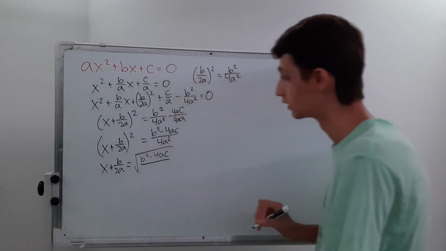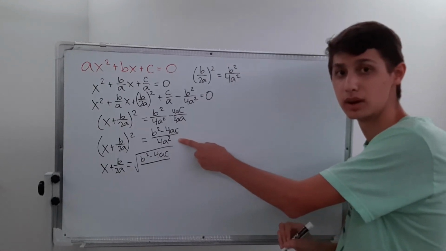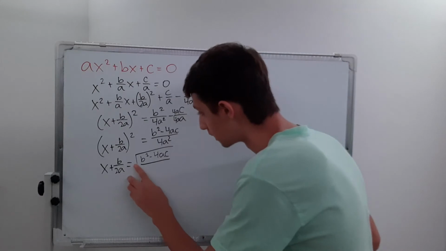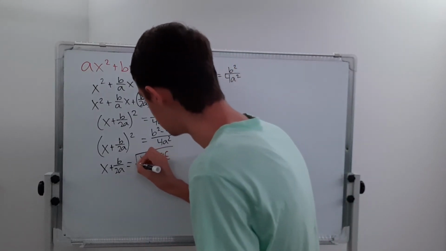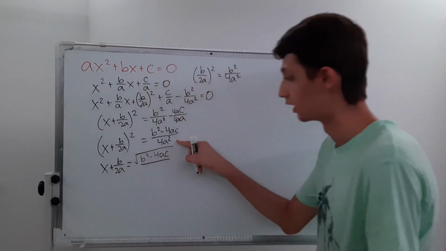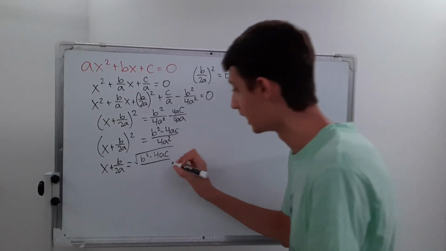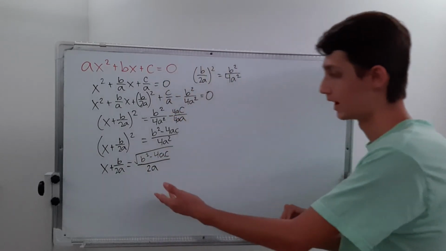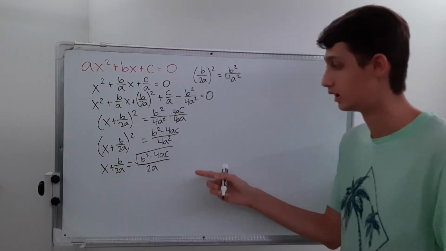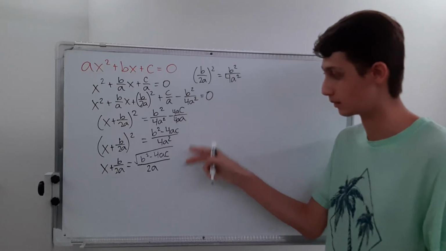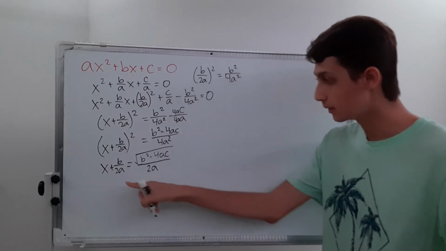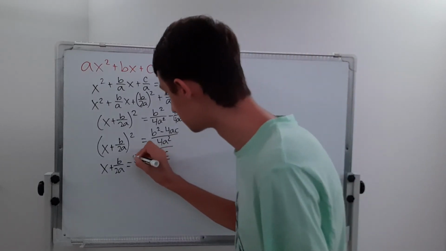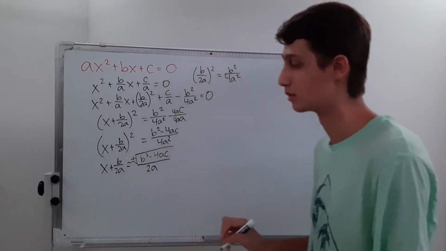But the square root of 4a squared is just going to be 2a. I think I said 4a earlier, I meant 2a. So we can get rid of this bottom part. I hope you're able to follow what we just did there. And actually remember your plus or minus. That is important to remember.